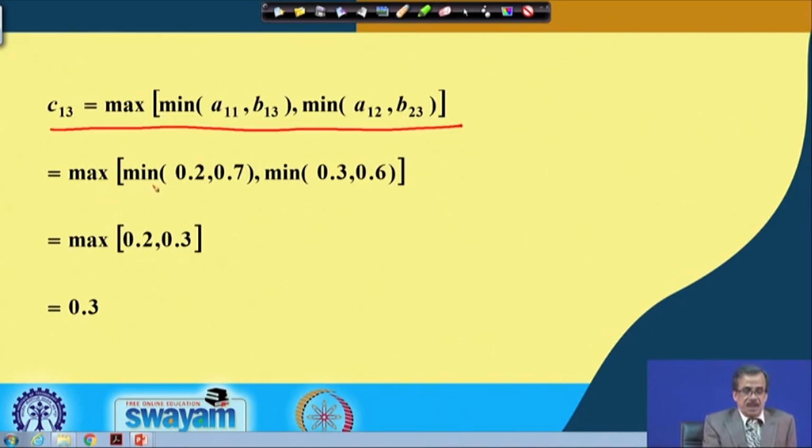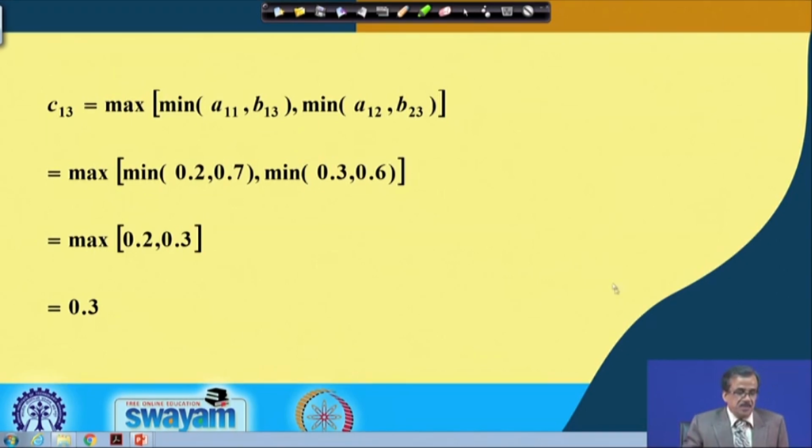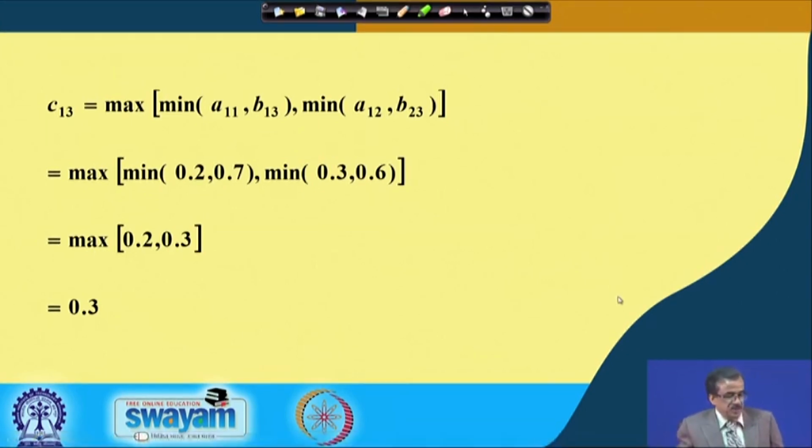If you substitute the numerical values, this becomes the maximum between the minimum of 0.2 and 0.7, and the minimum of 0.3 and 0.6. So, here I will be getting 0.2 and 0.3, and the maximum between them is 0.3. So, C13 is 0.3.